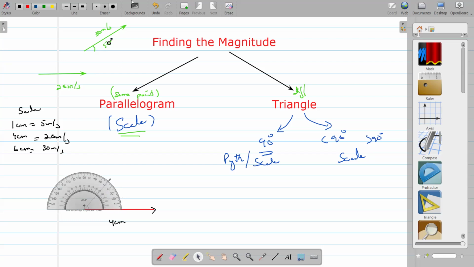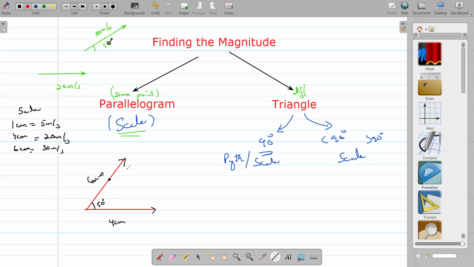So this is 50. We'll mark a point where it is 50, remove the protractor and draw the line. That line should be 6 centimeters long, because 30 meters per second equals 6 centimeters. And the angle between them, as we measured, is 50 degrees.